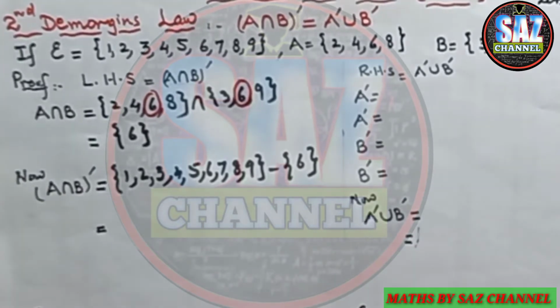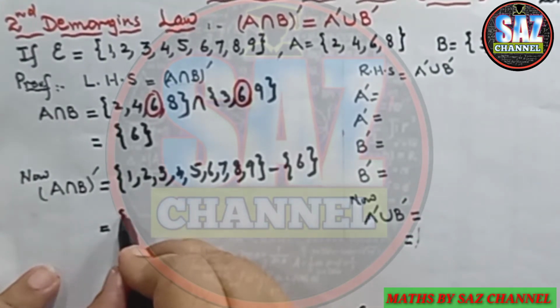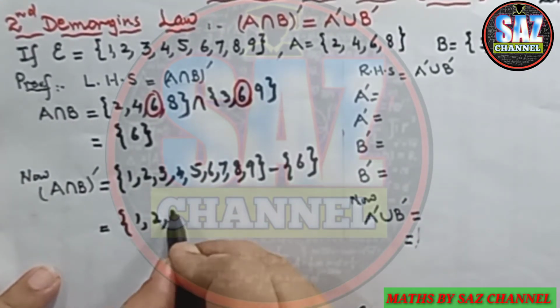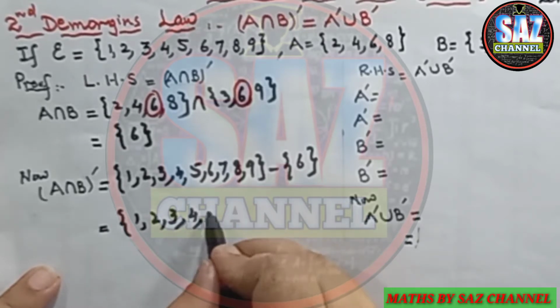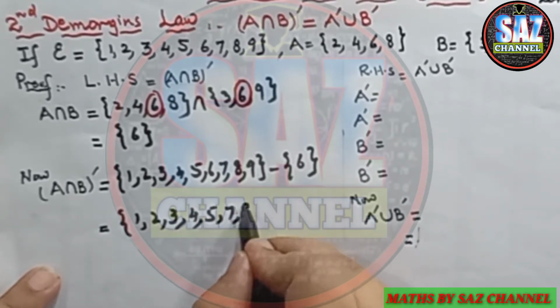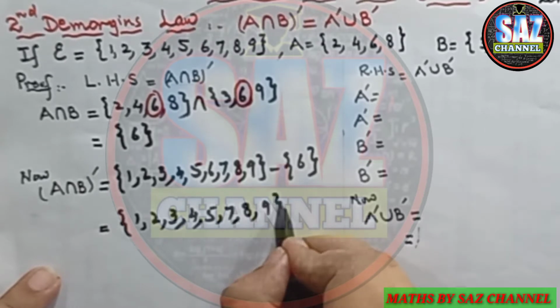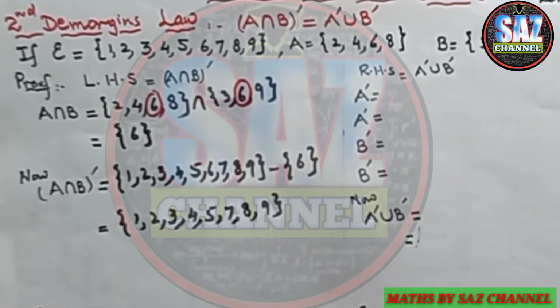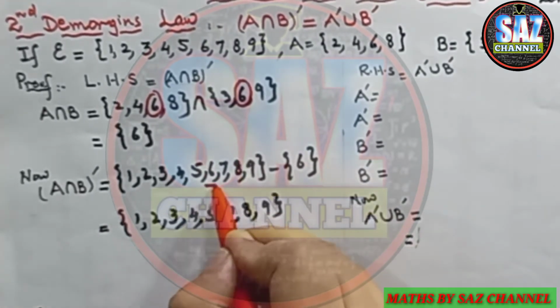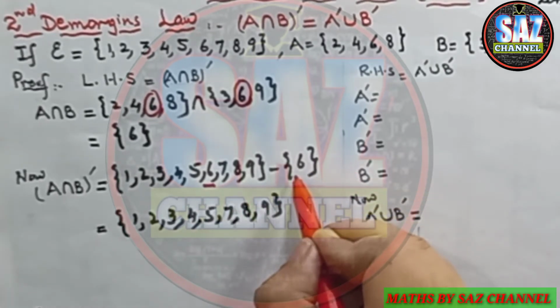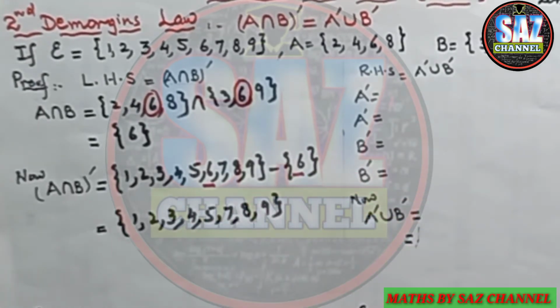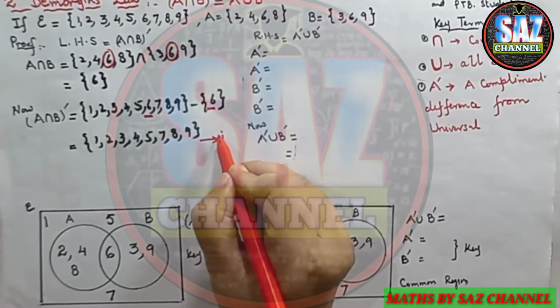Now I have to exclude this element and my answer will be 1, 2, 3, 4, 5, 7, 8 and 9. We are not going to write 6 because that is in the universal, and that is in this A intersection B as well. Now this is the answer for the left hand side. Let's mark it with 1.